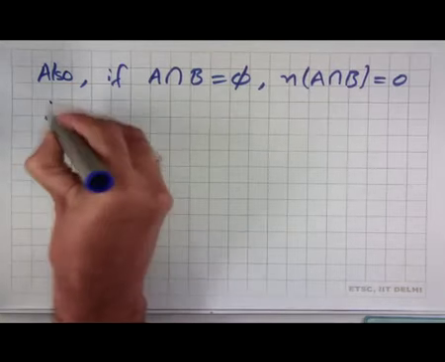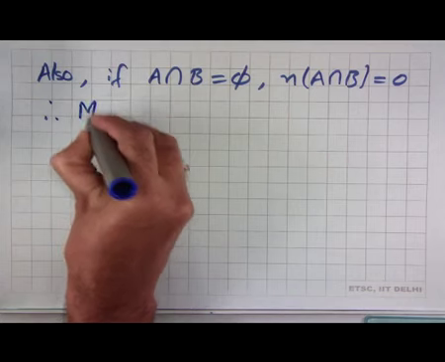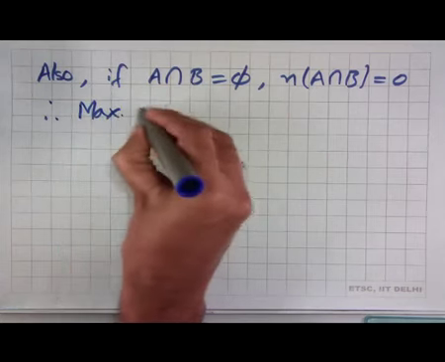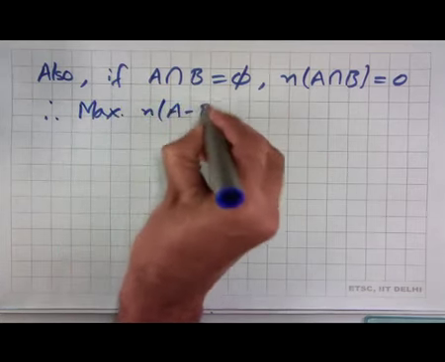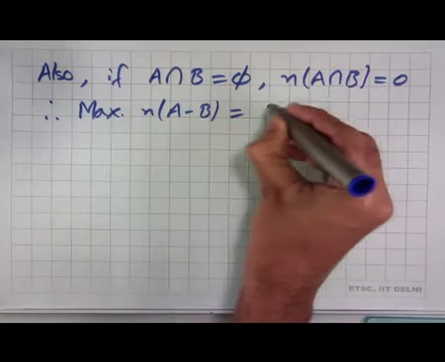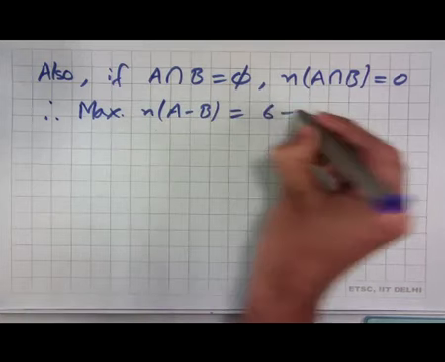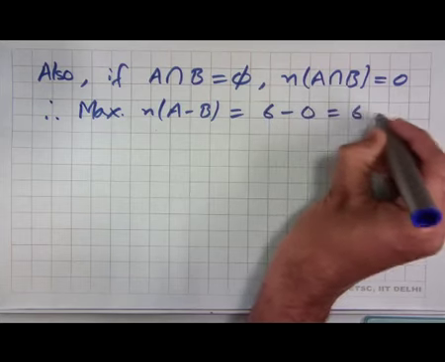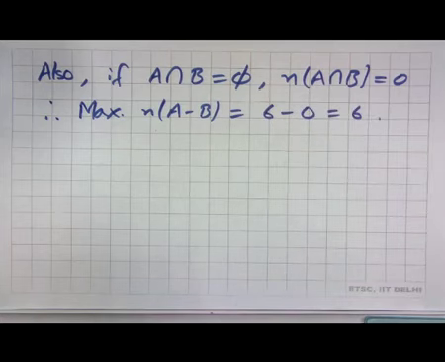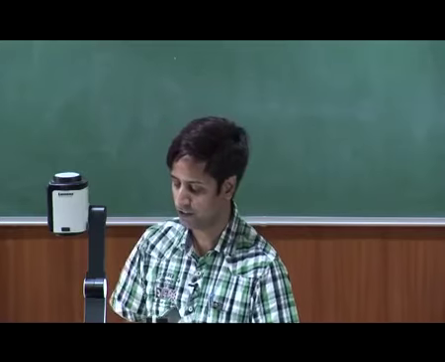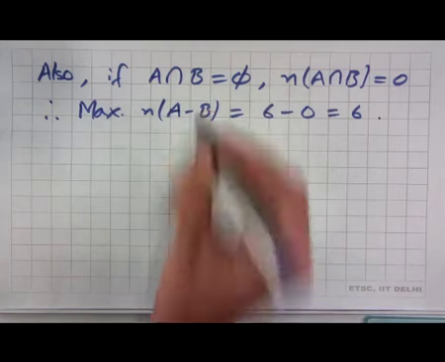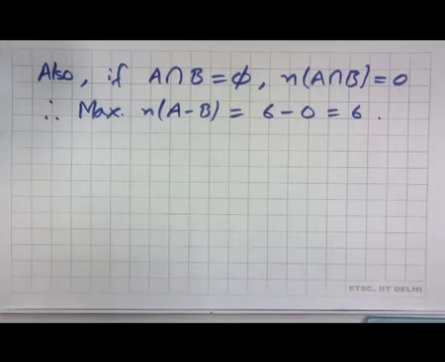So, therefore, the maximum value of n of A minus B will be equal to 6 minus 0, which is equal to 6, right. Because if A and B are disjoint, then in that case the number of elements in A minus B is same as number of elements in A.